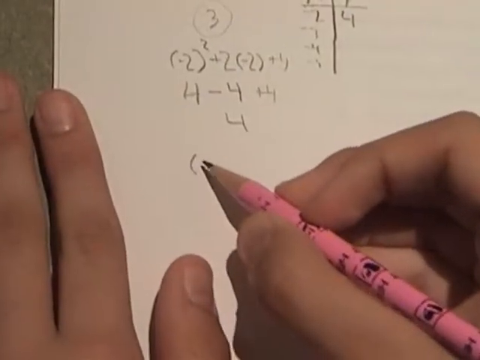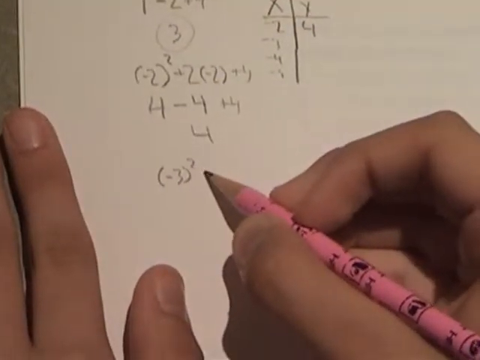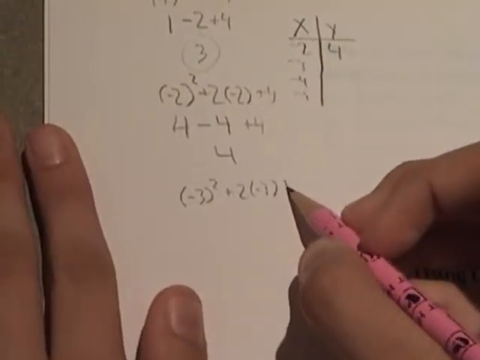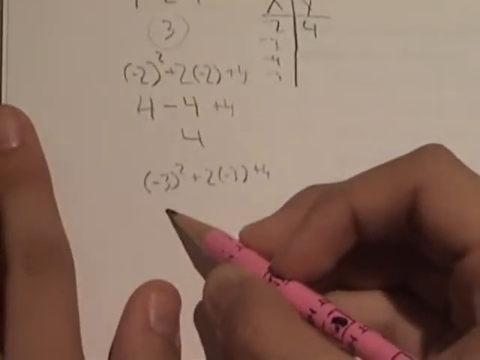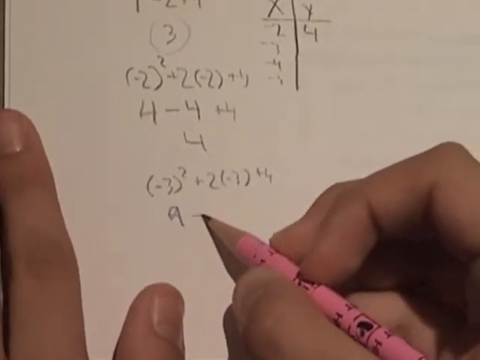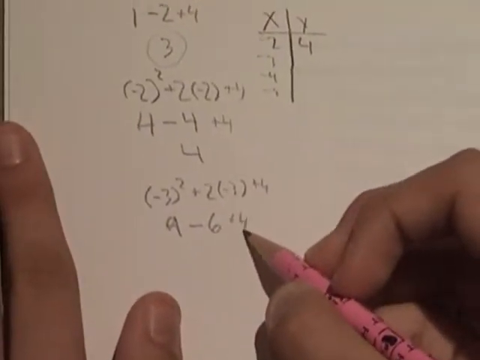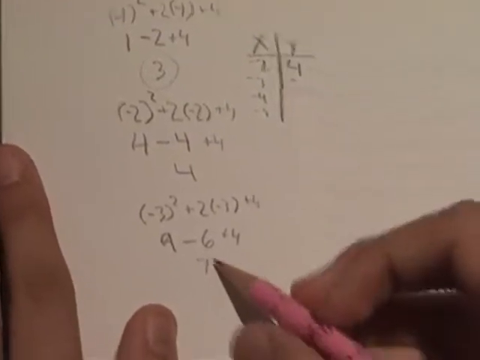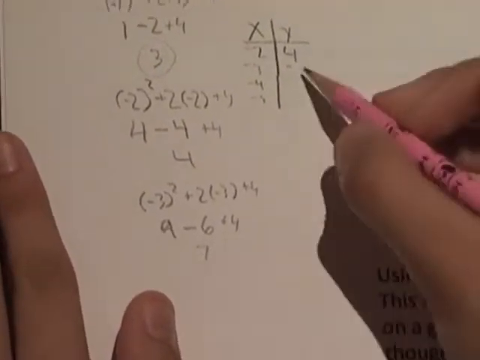Now, plugging in negative 3. Okay, so that equals out to 7.